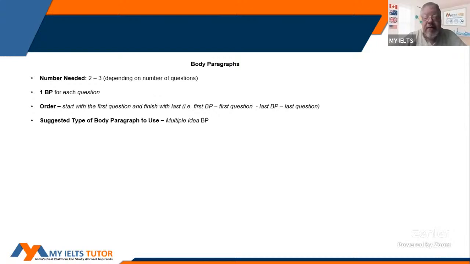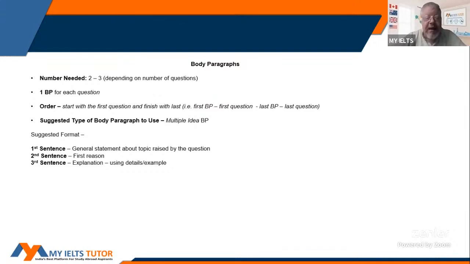Now, this is the suggested format of how to write this type of body paragraph, okay? The first sentence, you make a general statement about the topic raised by the question. The second sentence, you give your first reason. Then your third sentence, you explain the reason, so use details or an example. Then the fourth sentence would be your second reason. Fifth sentence, your explanation.